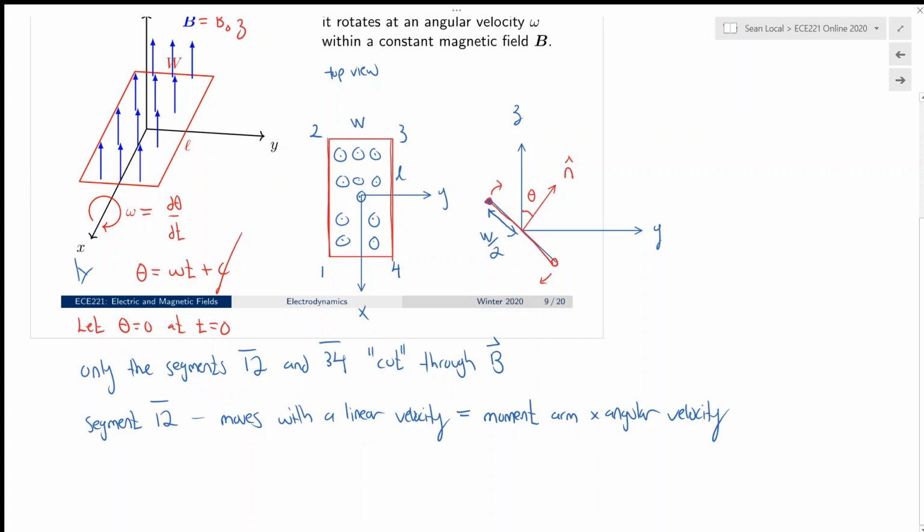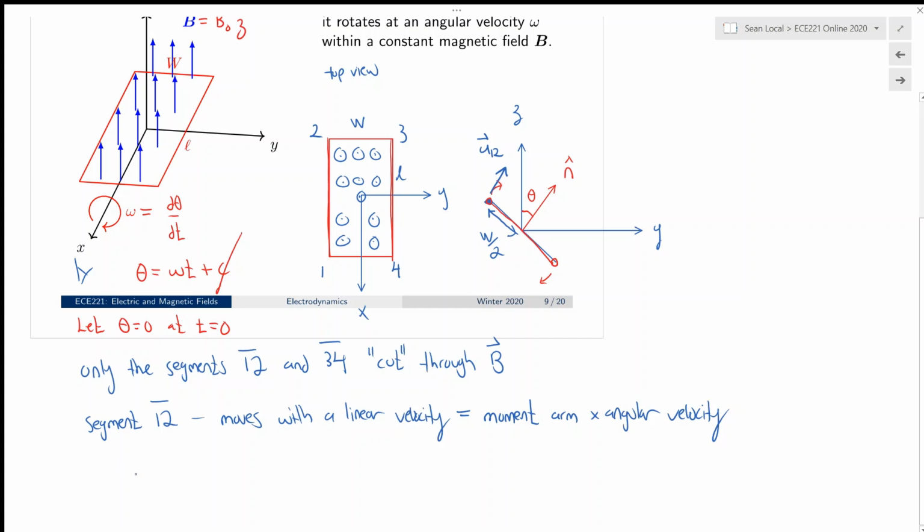And this is going to be at this particular moment in time, this wire is moving at a linear velocity in the direction I've just sketched there, which is the product of the moment arm and the angular velocity. And you can see it points in the same direction as the n hat vector that was sketched in red in the side view.